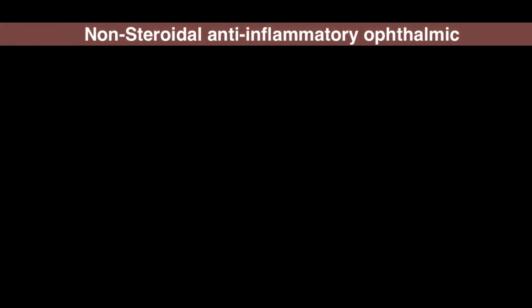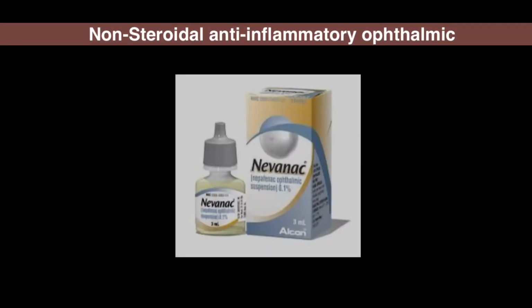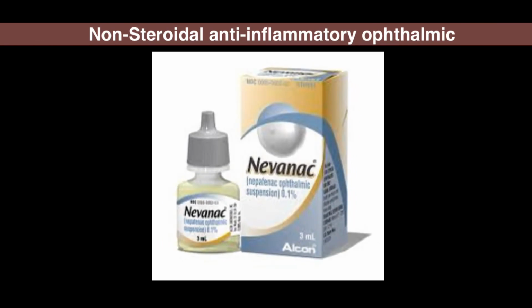After cataract surgery, medical therapy is used post-operatively to ensure subsequent visual rehabilitation. A non-steroidal anti-inflammatory ophthalmic such as Nepafenac ophthalmic or Nevanac is used for pain and inflammation associated with cataract surgery.